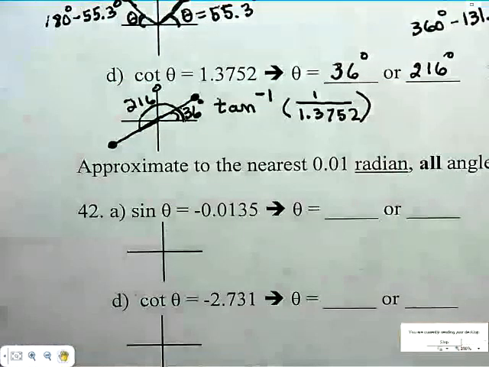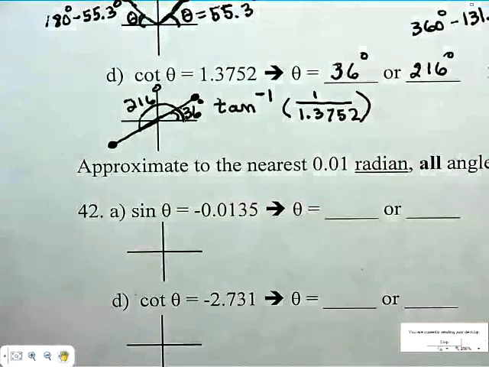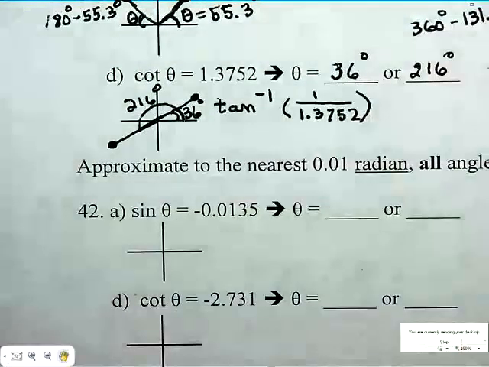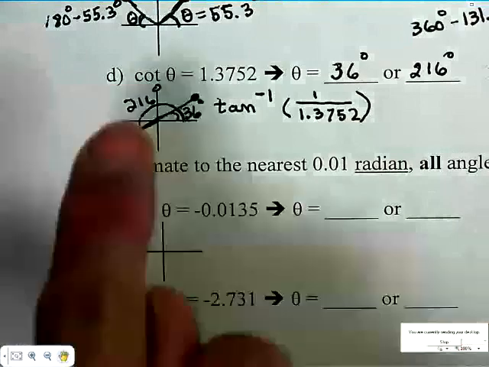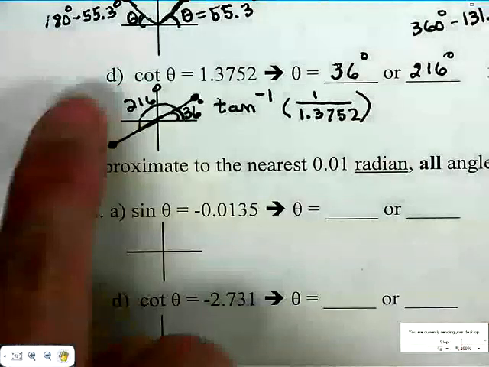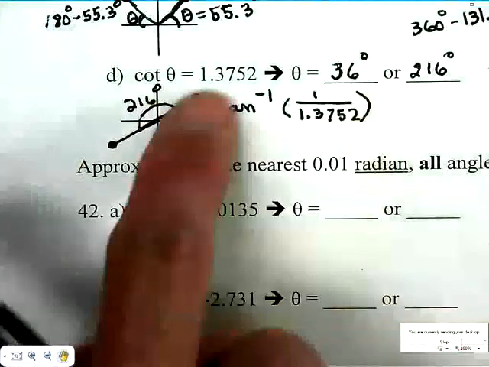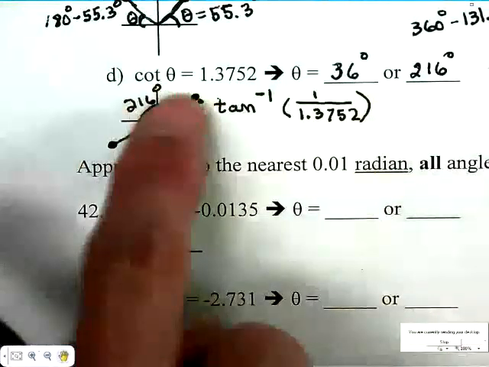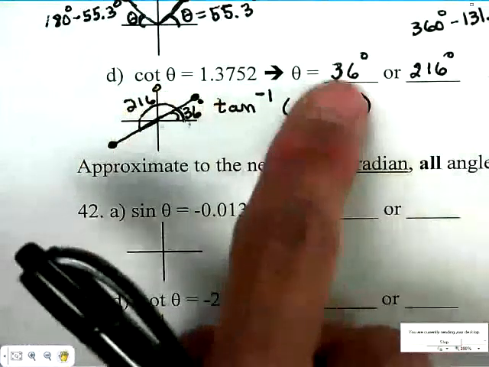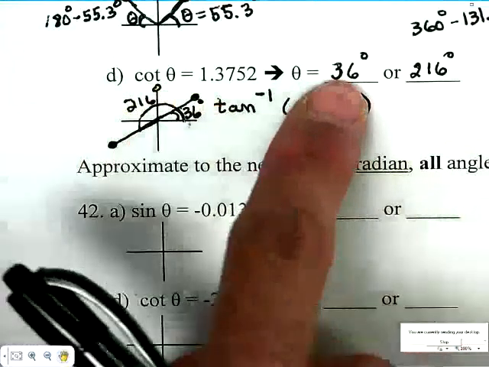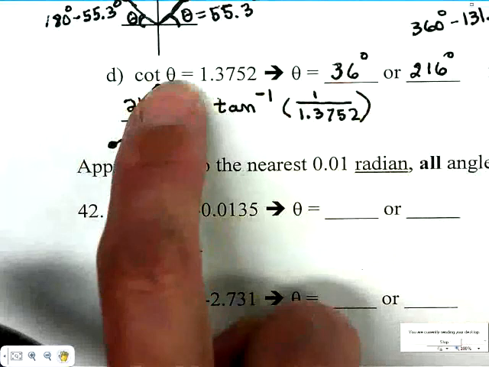The great thing about this is these answers are checkable. How could I check that? Again, I'm confused about this cotangent thing. I'm not sure what to take the reciprocal of. How would I check and make sure that that 36 degrees actually is one of the values of theta that make that equation true?